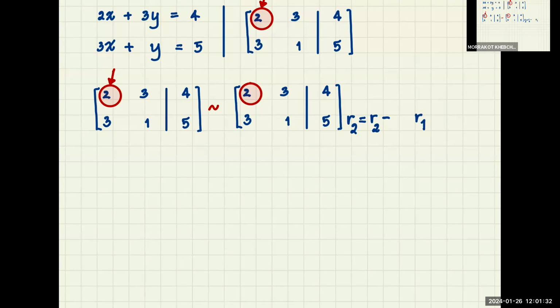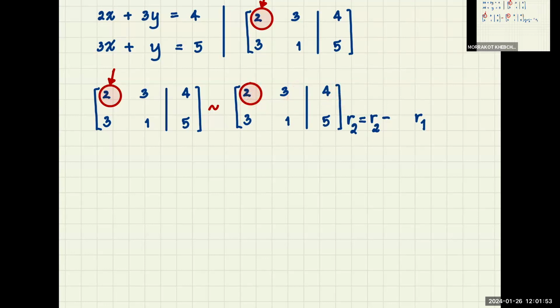I divide, or multiply, the first equation by 1/2, so I make this to be 1, okay? If I divide this by 2, it does not change the system, right?